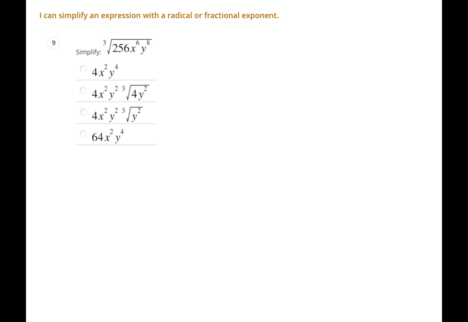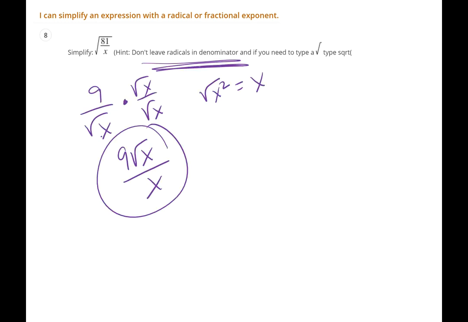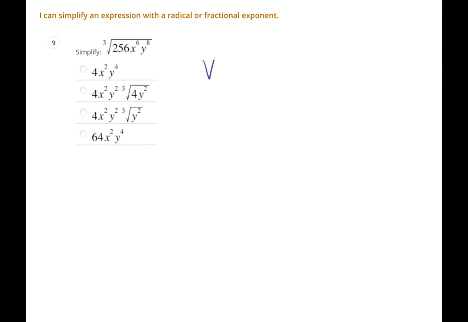All right, on this one, we're looking for cubes. So I'm going to do the same thing I did before, but with the squares, I'm going to split it into what I can take the cube root of and what I can't take the cube root of. So I'm looking for cube numbers. 256, I'm double checking.